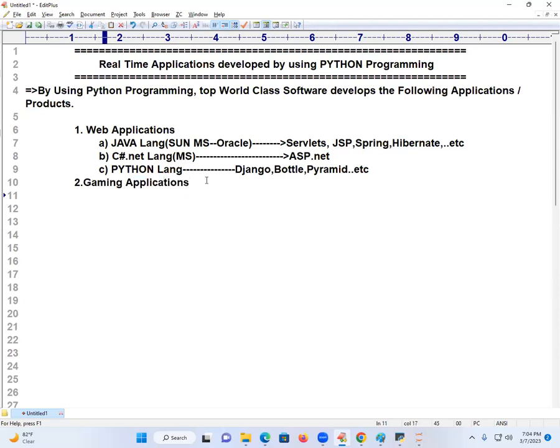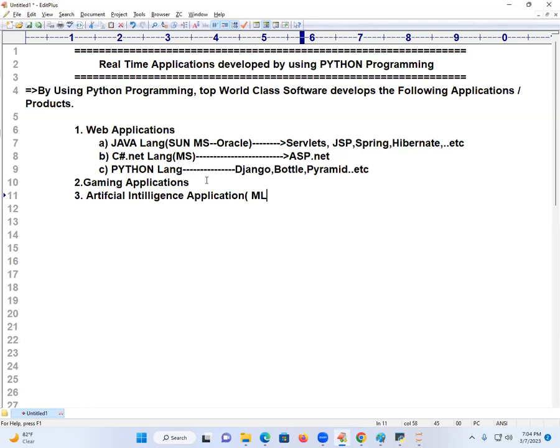Next, the third application I am writing is artificial intelligence applications. As of today, Python is becoming more famous because of this subject only. In this, you are going to get machine learning, ML. It is the highest paid job as of today.